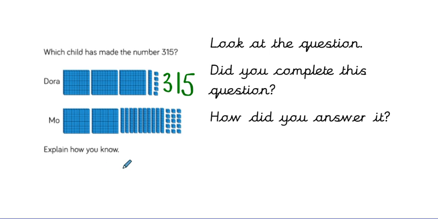Now let's have a look at what Mo has done. Mo's got 2 hundreds. Let's count those tens. 1, 2, 3, 4, 5, 6, 7, 8, 9, 10. So we've got 10 tens there, and 10 tens is another 100.